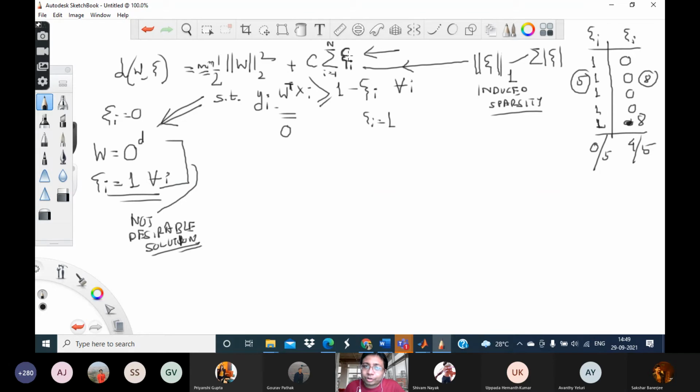But the xi's have been constructed in such a way that they are anyway not going to be negative. They can be 0 or some positive number. So taking the summation of the xi's is effectively the same as taking the L1 norm of the xi vector. And if the L1 norm induces sparsity, then using this will also induce sparsity. So this is almost magic.